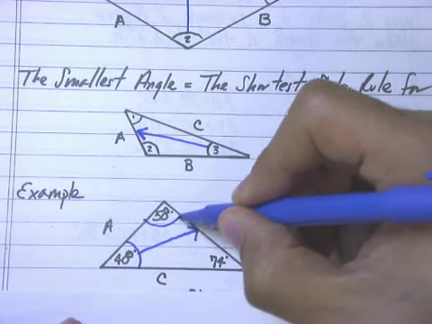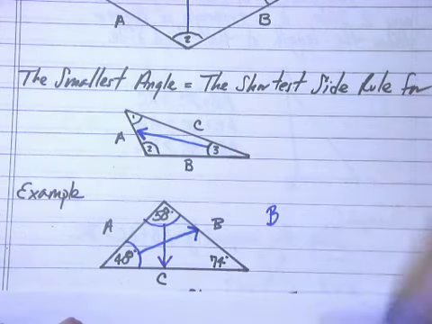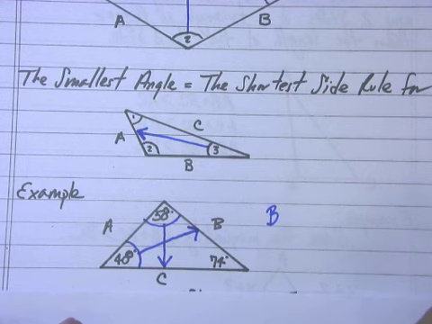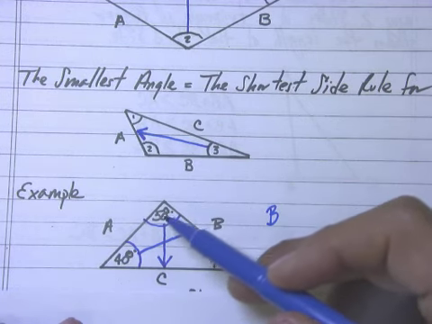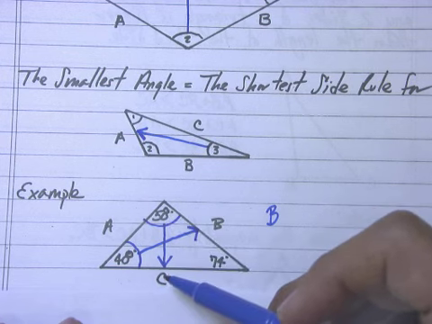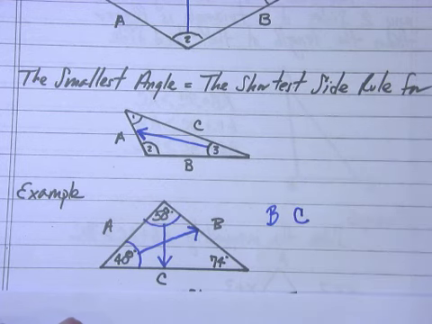Then I look for the next biggest size, which is 58 degrees. And 58 degrees is across from side C. So I know that since 58 is the medium-sized angle, side C is the medium-sized side.